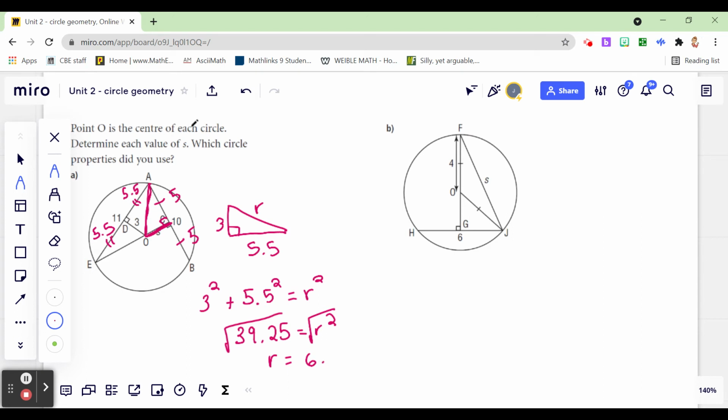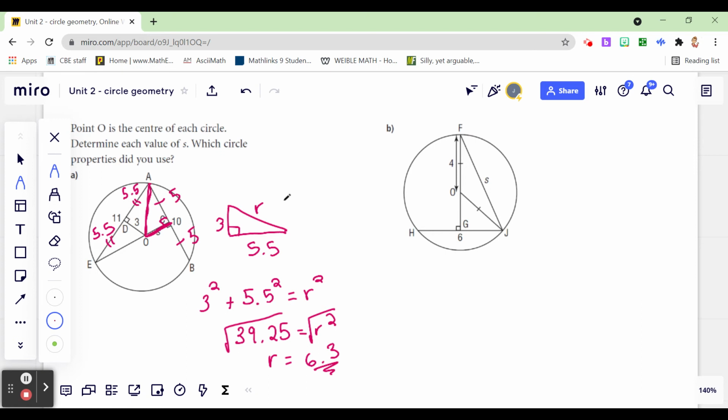I would prefer it if they put it into the question saying to write it to whatever decimal place, because originally in this question they actually have no decimals. So I need permission to use decimals usually, and I would have liked them to do that. Anyways, 6.3, to one decimal place, ends up being my radius.